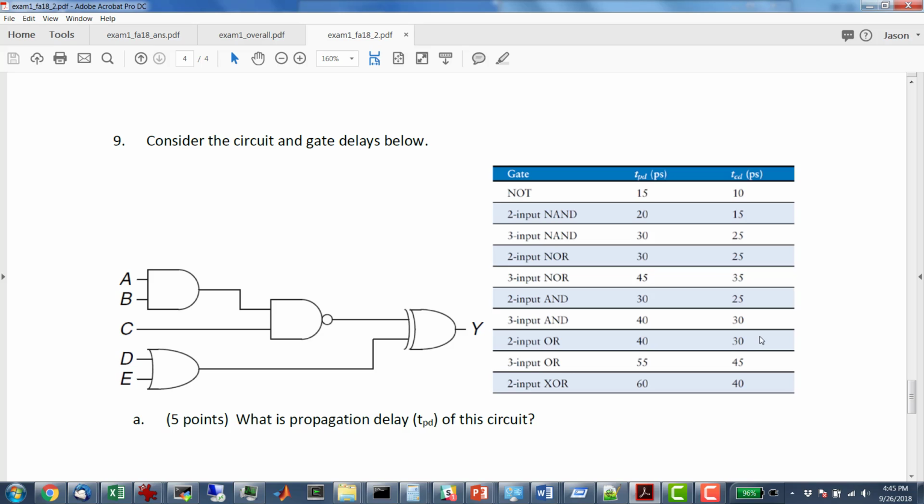So this had A, B, then there was a C, and then there was a DE, and then there was this XOR gate, right? The 2-input AND gate had 30 and 25. So 30 propagation, 25 contamination.